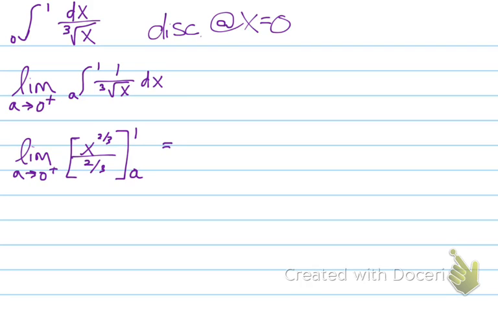If I rewrite this a little bit, I get the limit as a approaches 0 from the right-hand side of 3/2 times x to the 2/3 from a to 1.